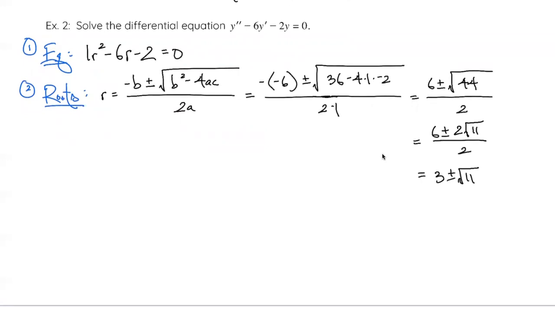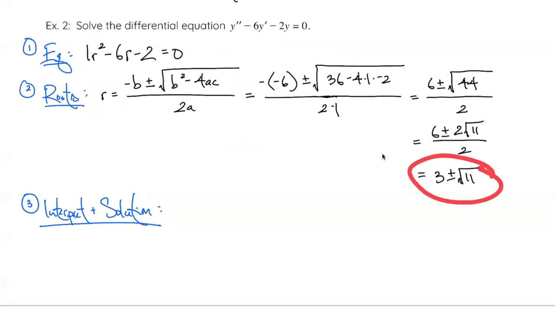Now, once you found your roots, then you can go ahead and interpret them and find your solution. This is just like when we had that plus or minus 3x, how we secretly buried 2 solutions in there. 3 plus square root of 11 is different from 3 minus square root of 11.